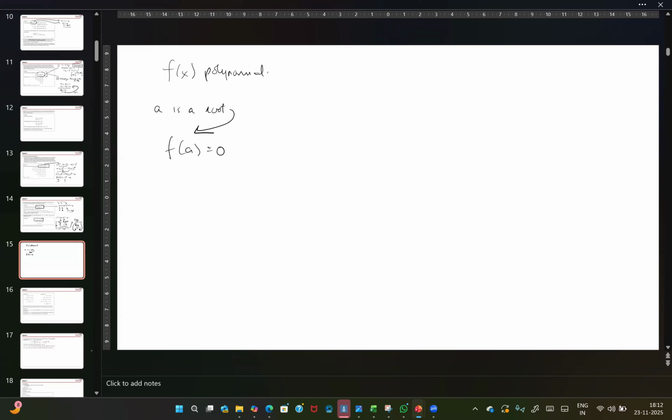If I substitute a, then I can solve the equation, no? Why did you say 0? Because if a is a root, then the polynomial is basically a function of x minus a into some term. So if I put x equal to a here, I get 0.